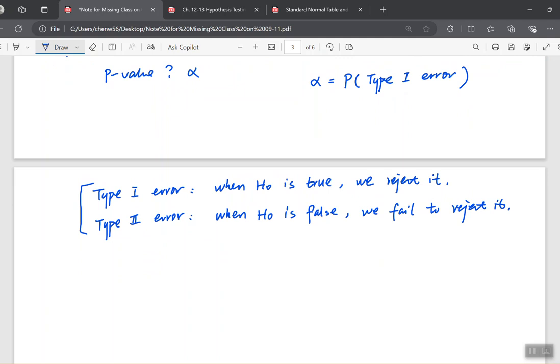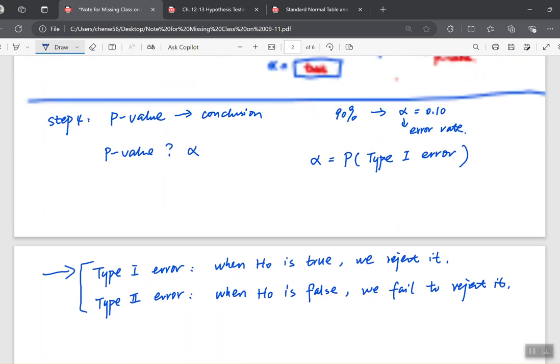We can think that most of the time it will be type 1 error, because if the person is already dead, you cannot make him alive again, right? The other one, type 2 error, is that even though now I said he is not guilty, in the future when we have more evidence, we can continue to say, okay, this person is guilty. It's just that for now we fail to say he is guilty.